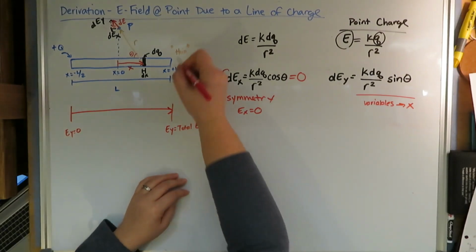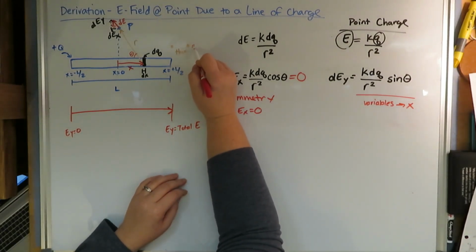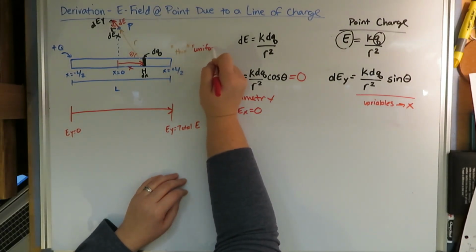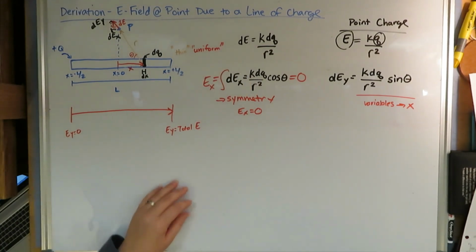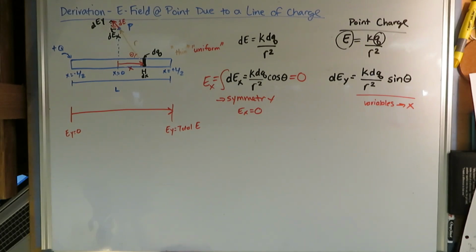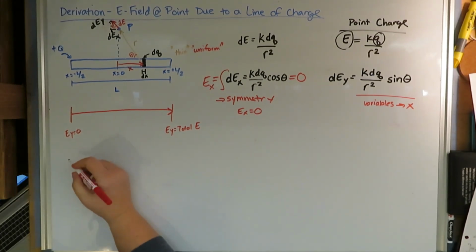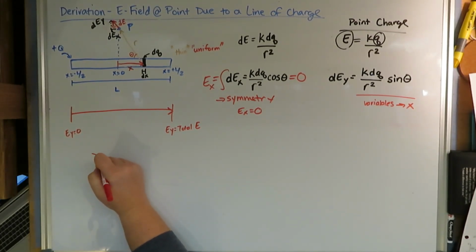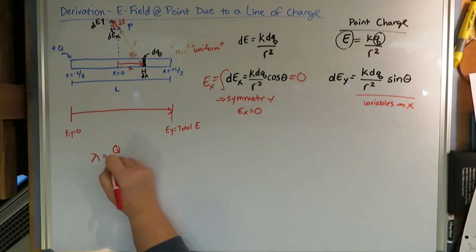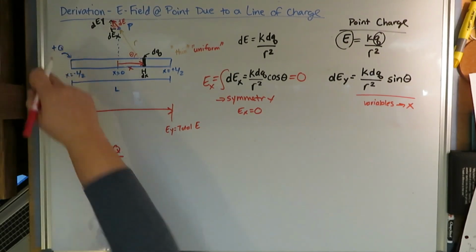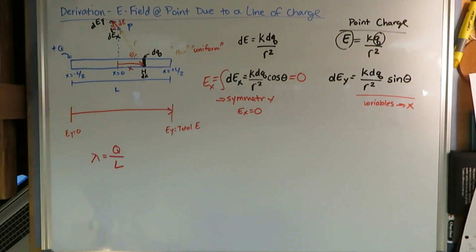Now, we are also going to assume that our rod here is uniform. If our rod is uniform, then our linear charge density lambda is going to equal the total charge over the length L, and we're defining positive Q and L to be known values.